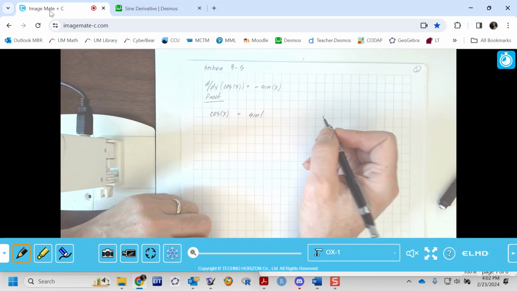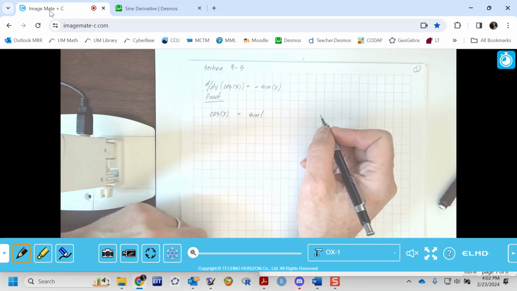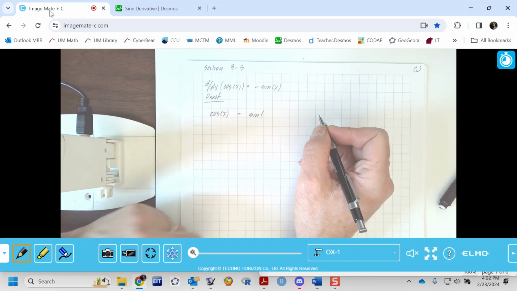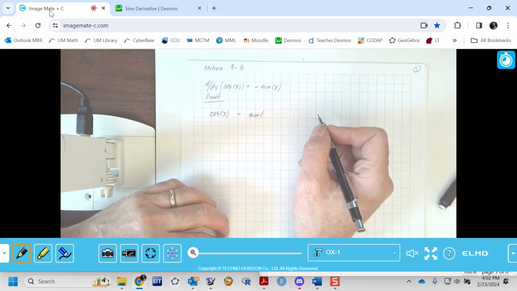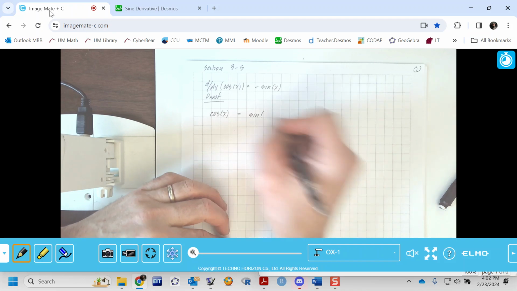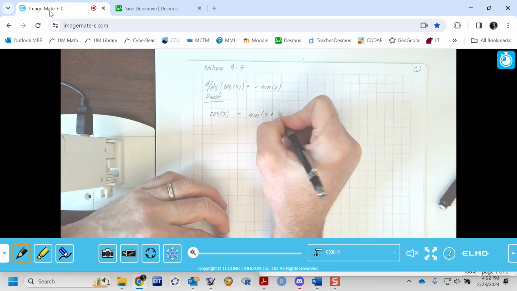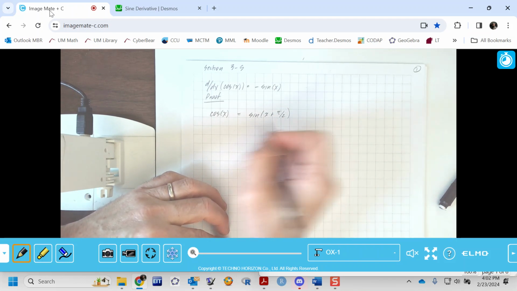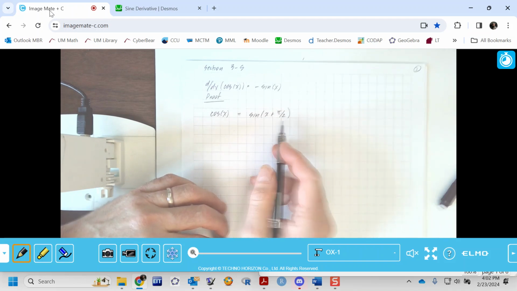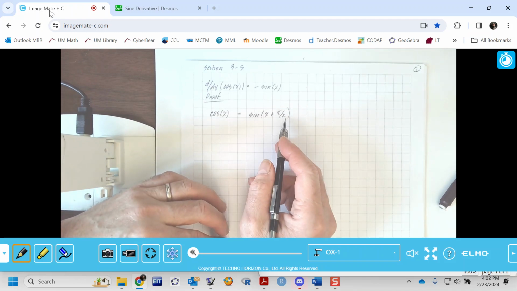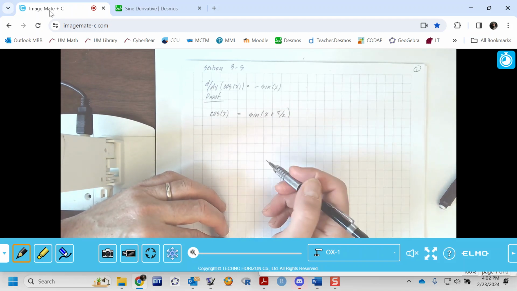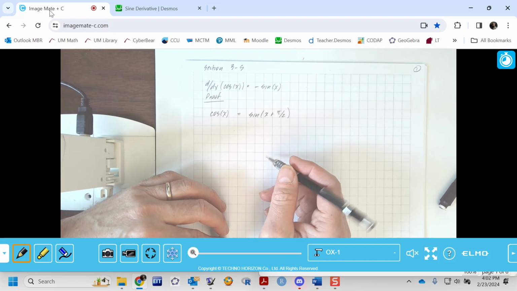We know that the cosine and the sine are exactly the same graph, but one is just out of phase with the other. And it turns out that the cosine is equal to the sine of x plus pi over 2. In other words, all we're going to do is shift the sine graph pi over 2 units to the left, and we actually get the cosine graph.